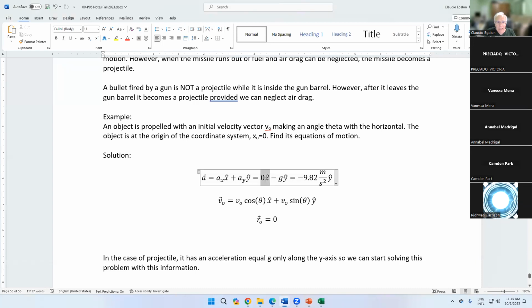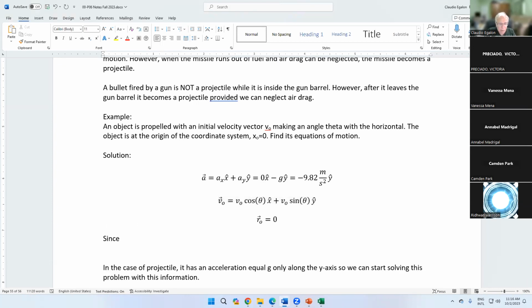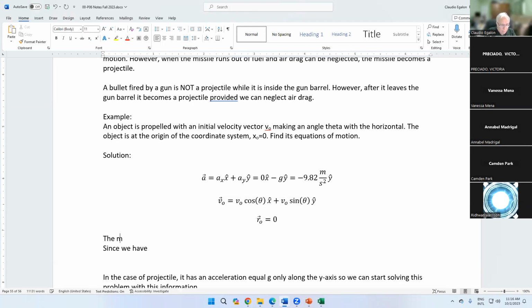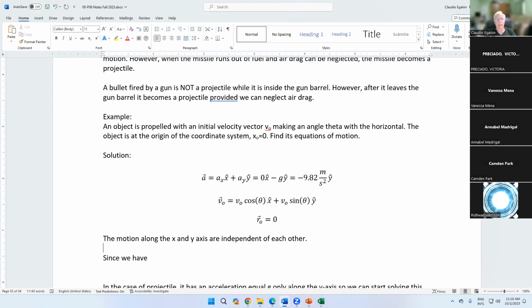Consequently, along the x-axis, the velocity must be uniform, must be constant. Since, by the way, the motion along the x and y axis are independent of each other. Okay, that's very important. That's an assumption that we make too.